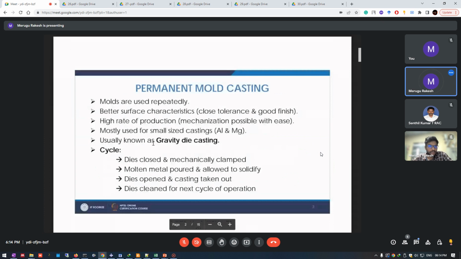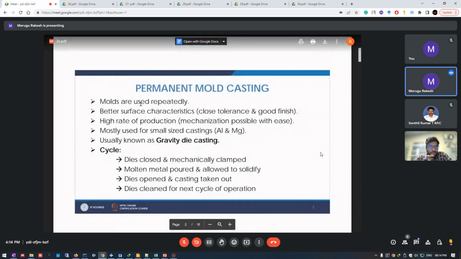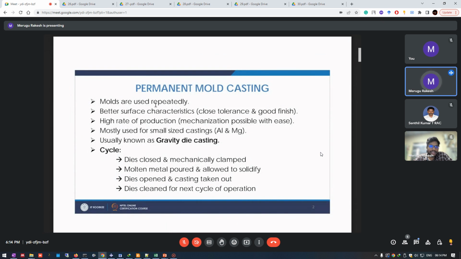I will read point by point. Molds are used repeatedly. The surface finish in sand casting is not so good, but here we get a good surface finish because of the low surface roughness of the mold surface.